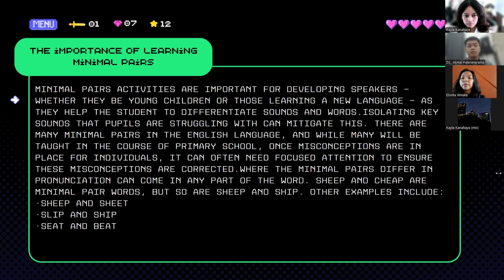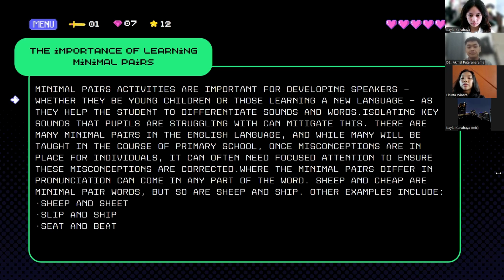There are many minimal pairs in the English language, and while many will be taught in the course of primary school, once misconceptions are in place for individuals, it can often need focused attention to ensure these misconceptions are corrected. Where the minimal pairs differ in pronunciation can come in any part of the word.